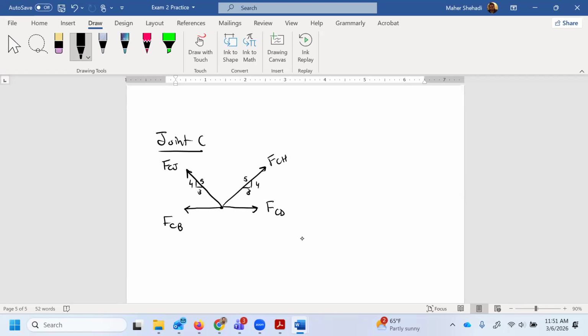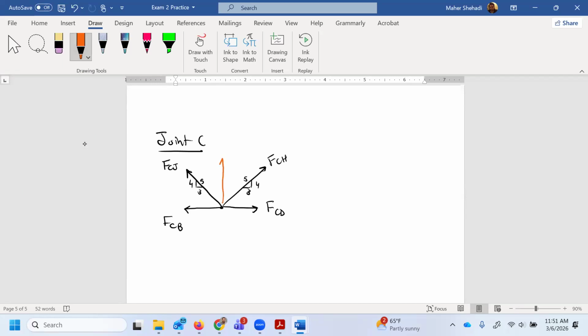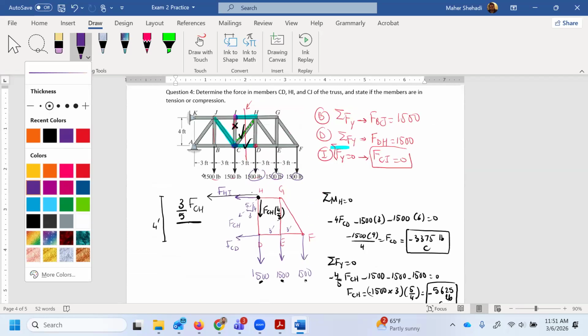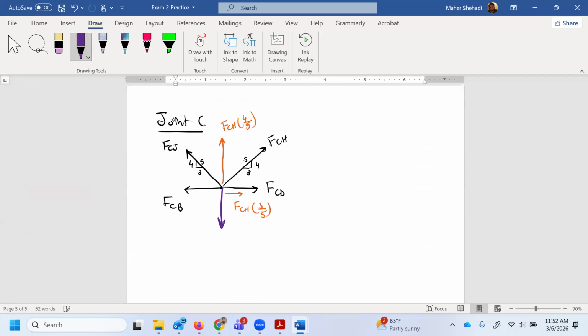Okay, so I can have FCH 4 divided by 5, FCH 3 over 5, that's this one. And then the other one, I'm not done here yet. I do have to put the applied force because I have the 1500. Again, that's a very common mistake that students make.